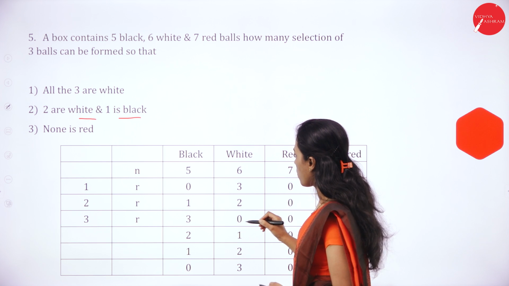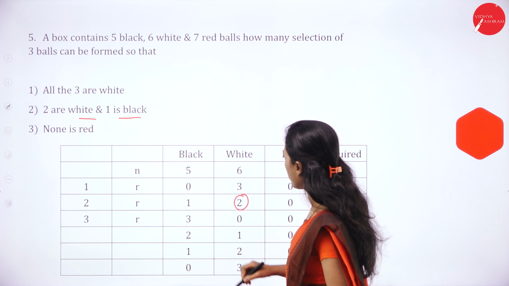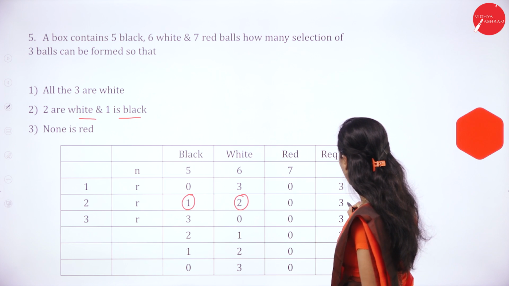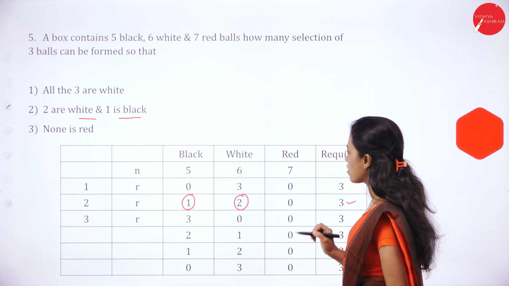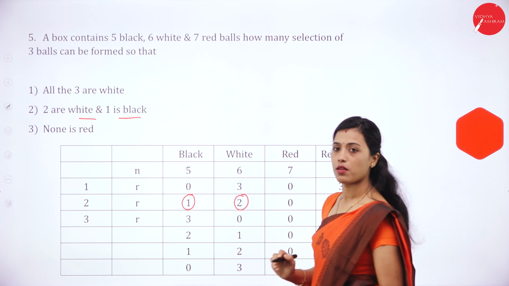Out of 3 balls, we are selecting 2 white and 1 black.